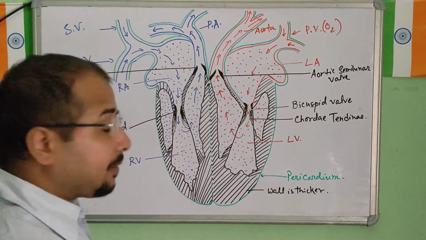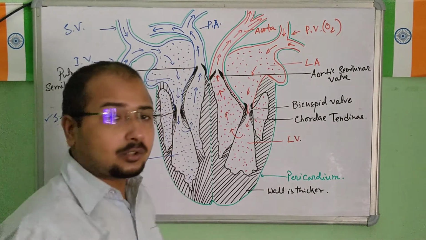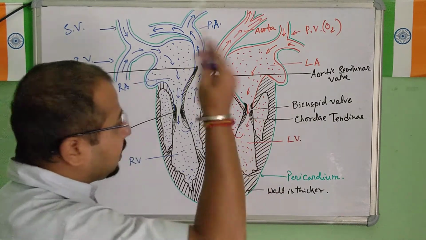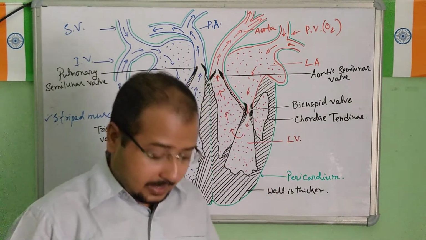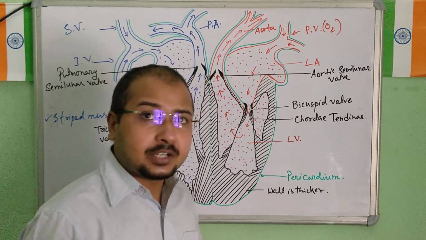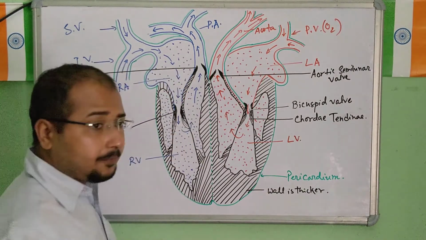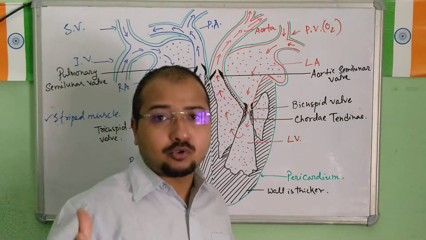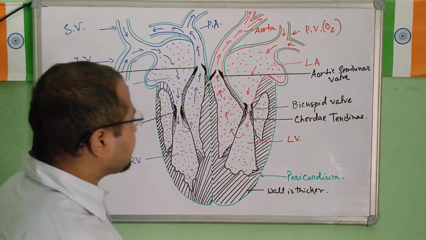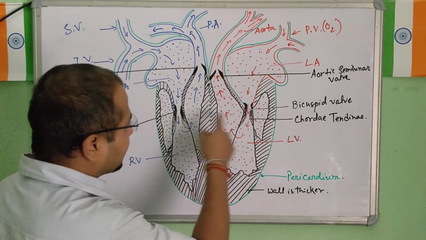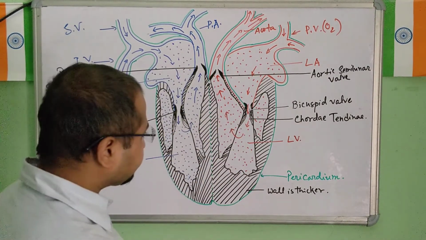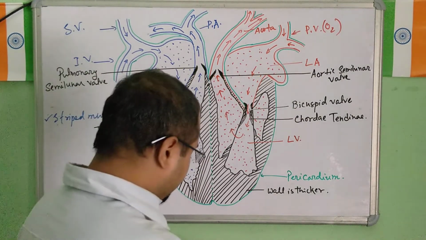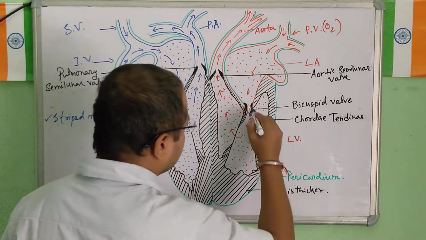Clear? And remember one thing, every one circulation of the heart means one beat. Heartbeat is lub and dub, two sounds we understand. Lub is because of the closing of the bicuspid and tricuspid valves together, that is the first sound.